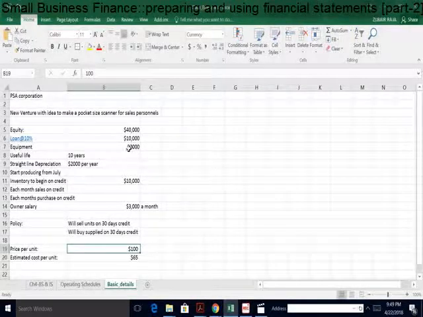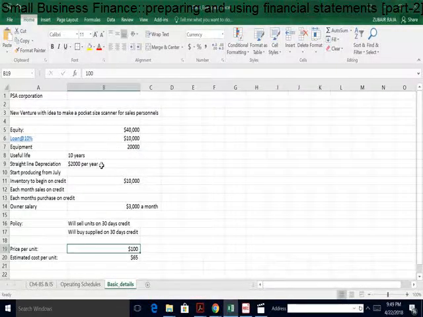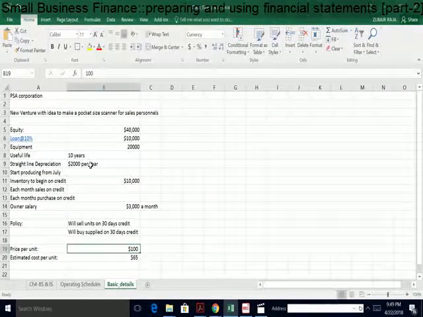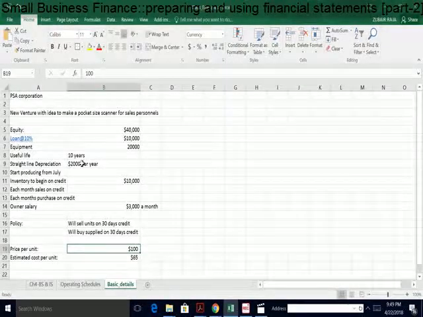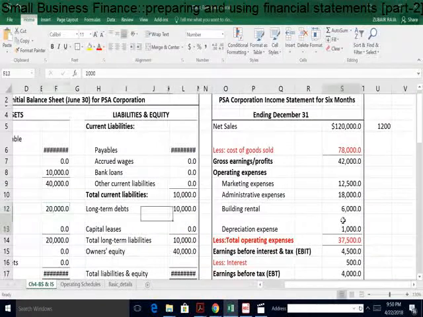So if you divide 20,000 with 10, you will get 2,000 per year depreciation. Because this is per year depreciation, for the 6 months, the depreciation will be half of the depreciation of the whole year. So if you divide 2,000 with 2, you will get 1,000. So that 1,000 will go over here. This is the depreciation expense.